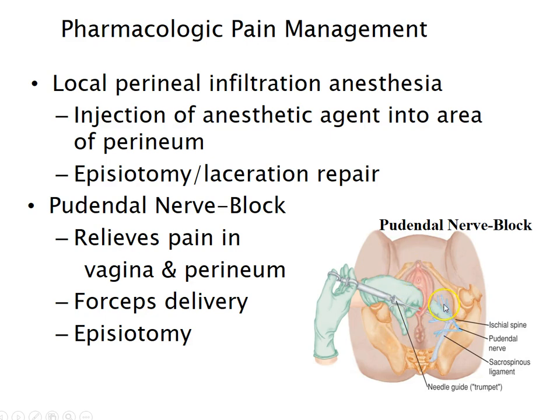So this was the initial way that we would numb the area for an episiotomy. We're going to talk about a forceps later in the semester. They may use this for a forceps delivery because that can be painful. Okay, so this is just an injection of a Novocaine to numb areas of the perineum, basically for episiotomies.